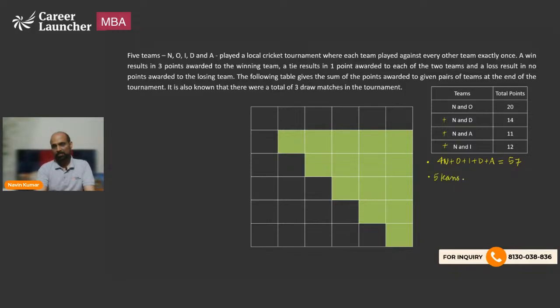Now, there are 5 teams. If they play against each other, there are going to be a total of 5C2, which is 10 matches. Out of these 10 matches, we are told that 3 result in a draw.